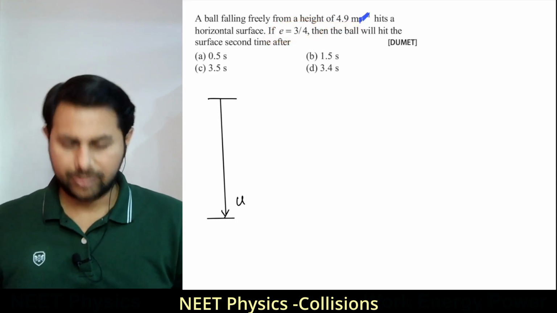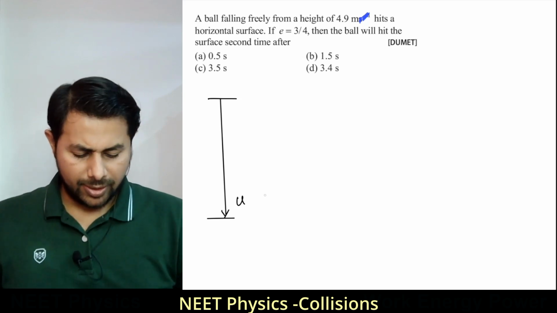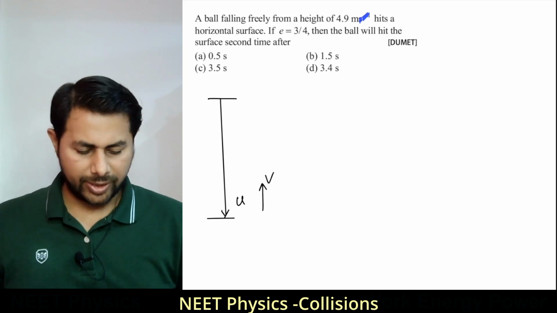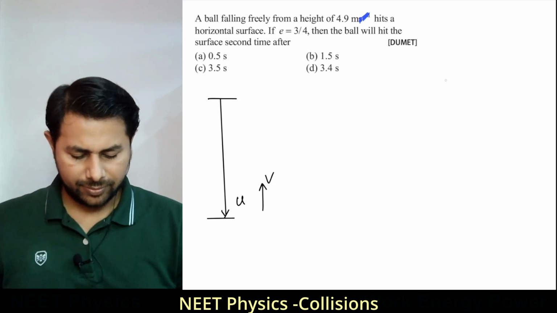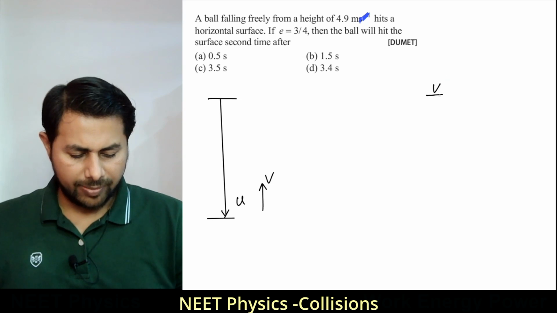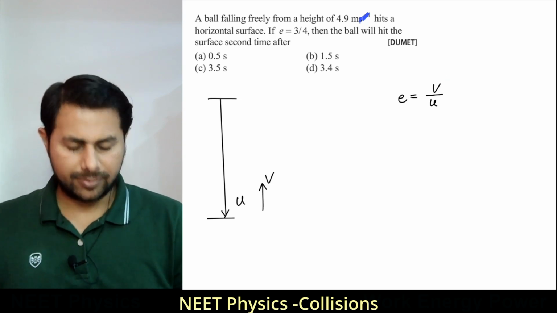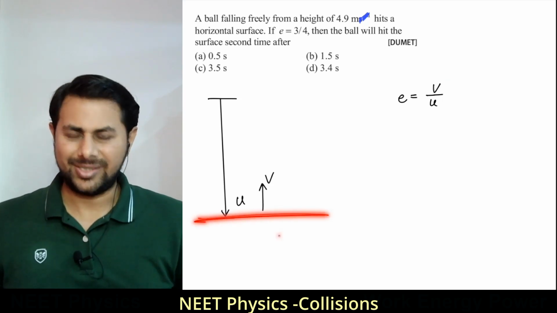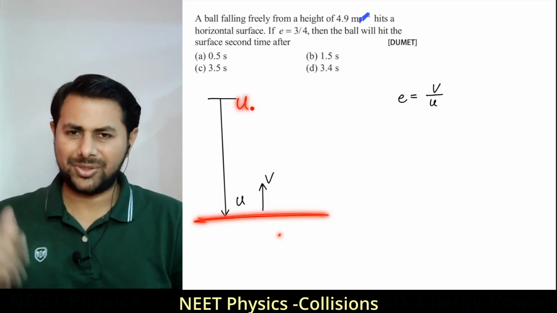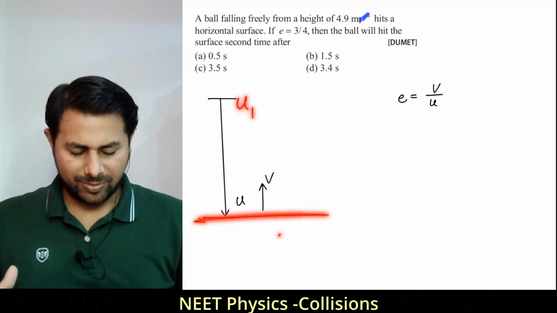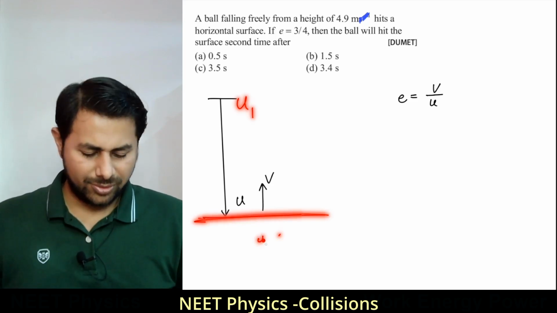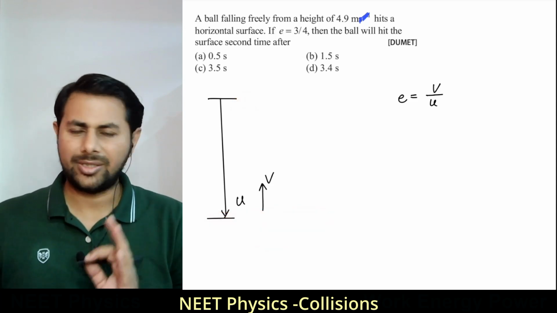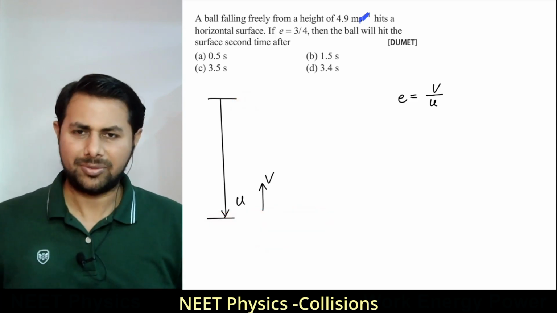Suppose it comes with speed u, it goes back with speed v. So what is the relation between v and u? v by u is just equal to E, right? Because the ground is steady. Say the speed of the ball is u1 and the speed of the ground is u2, initial speed. What is u1 minus u2? It is just u, because the ground is not moving.